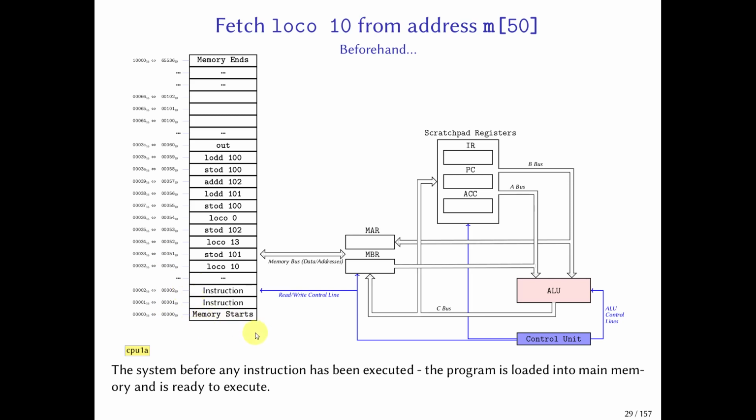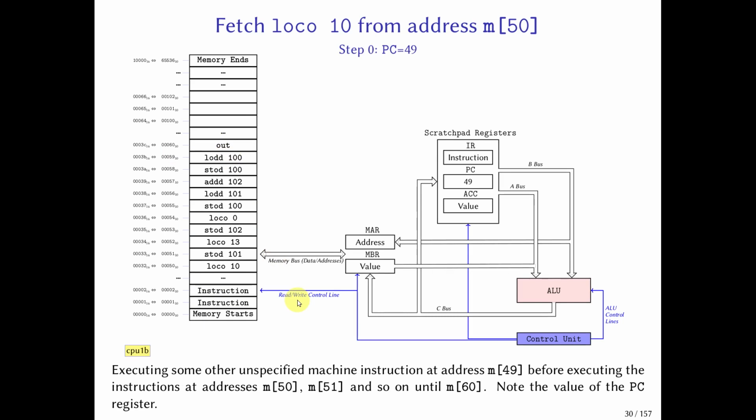Then you can see a set of machine code instructions presented in their symbolic form. The first instruction is stored in cell 50, the second in cell 51, then 52, 53, 54, 55, 56, and so on, all the way through to the last instruction, which is out, stored in memory address 61.